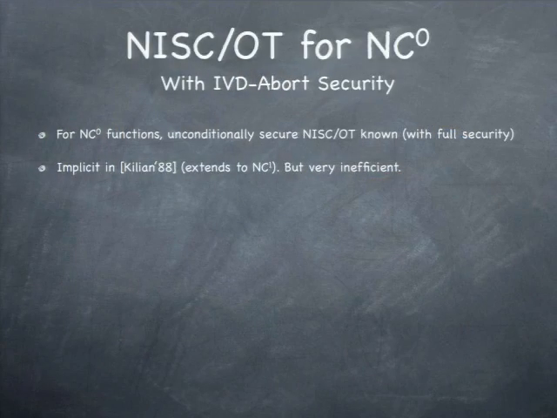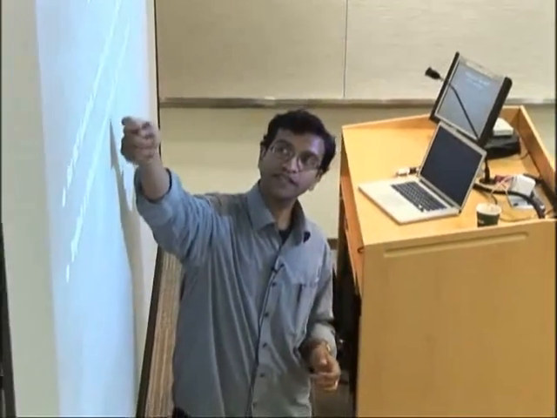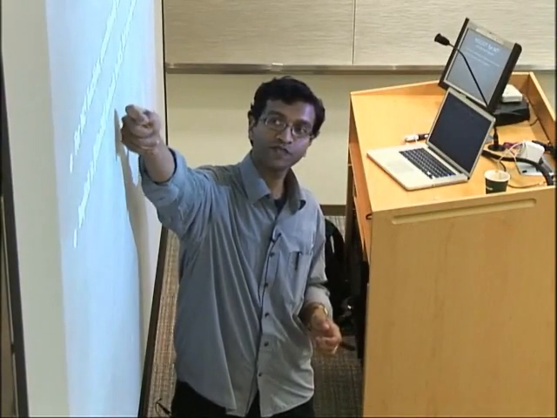In particular, a long time back, Killian gave a construction about how to do secure two-party computation using OT unconditionally, and it has inside it a protocol which works for NC0 and can be extended to NC1, without any computational assumptions. Okay, and it's a non-interactive protocol.